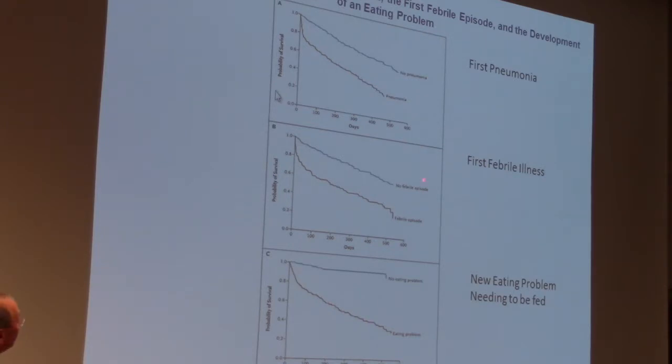Similarly, if you had one febrile illness, your survival dropped from about 80% down to 40-50%. And look at this curve here. People who had no eating problems, most of them were alive at the end of the study period, 18 months. But once you have an eating problem where you need to be fed and you have dysphagia and you're coughing and choking, your survival drops right off, so that about 30% of these people were alive at the end of the study period.